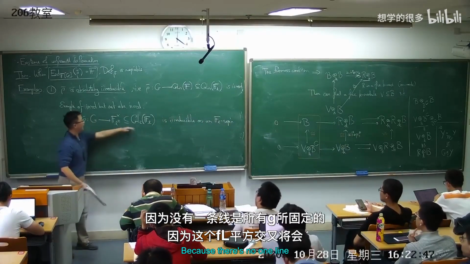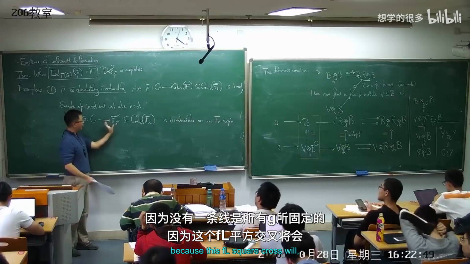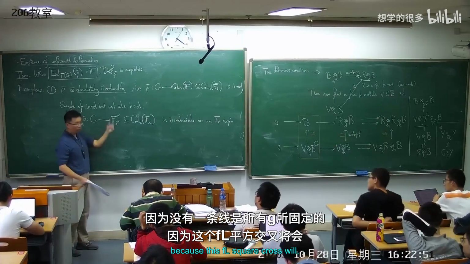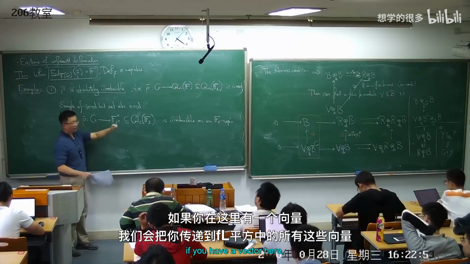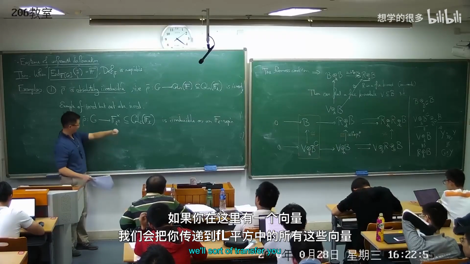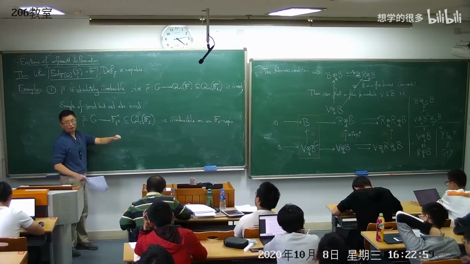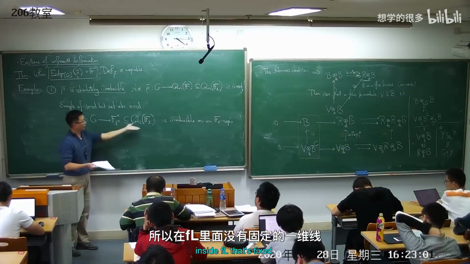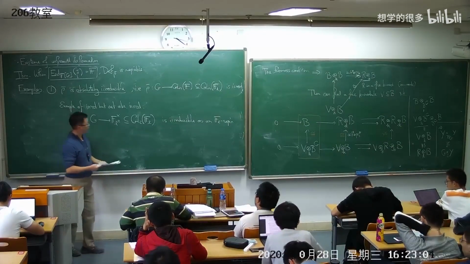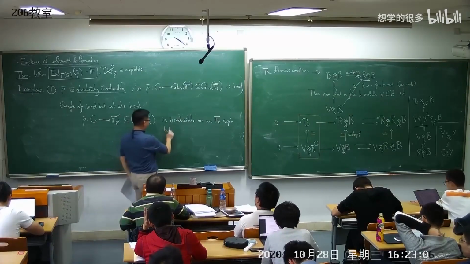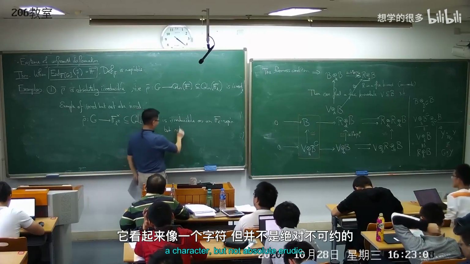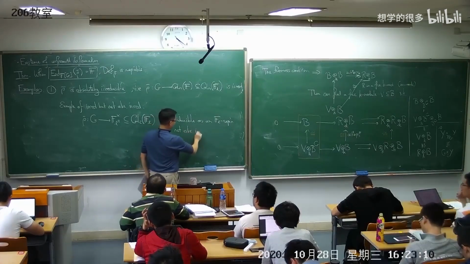Because there's no line that's fixed by all of G, since F_l squared cross will transfer a vector here to all the vectors in F_l squared. So there's no one-dimensional line inside that's fixed. But, of course, it looks like a character, but it's not absolutely irreducible.